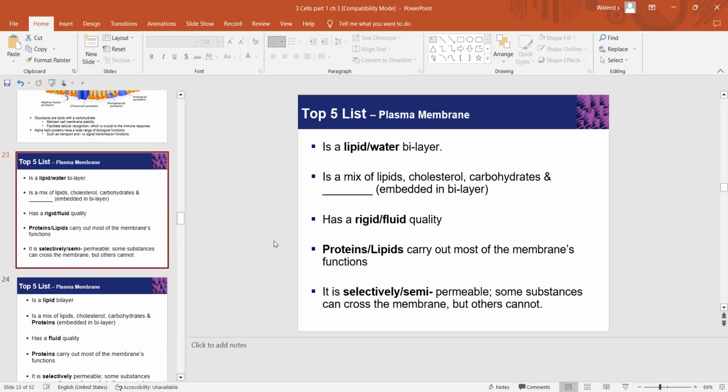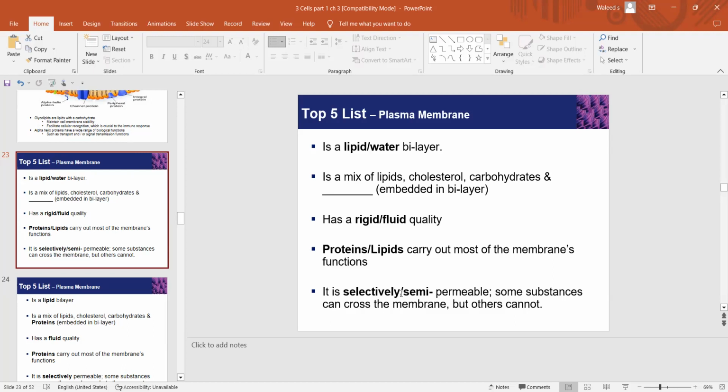Proteins. Proteins, yes. Lipids is just the main bulk. But what's doing the work? Proteins. Proteins are the channels. Proteins are the enzymes. Proteins are the recognition. Proteins are the receptor. All these functions from functional proteins, from the size, the bulk, lipids. I hope that makes sense to you guys, and you should remember it.